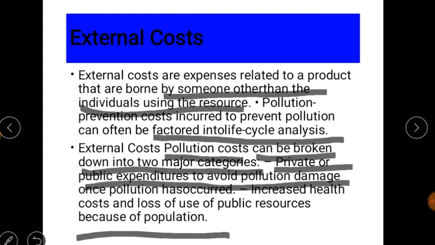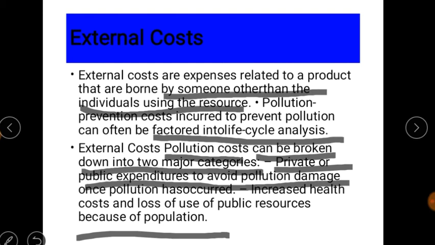How to manage this pollution is also a cost. Because of this, the product price is also increased. If the product price is increased, we need to provide better quality for that product.